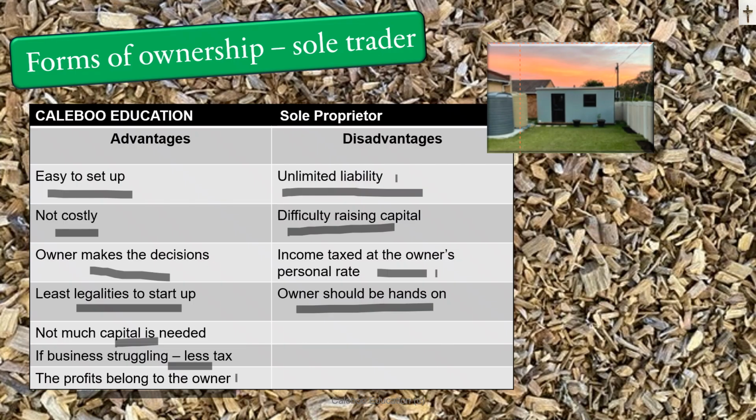Also, if you're a sole trader and you want your business to perform, you might need to be in the shop all the time to make sure that staff are managing the shop and working properly. And also you have the passion for the business, so you're going to find yourself maybe 24/7 involved in your business.